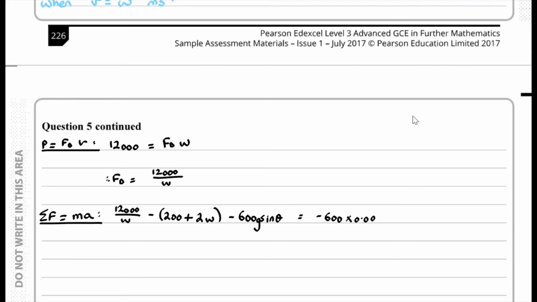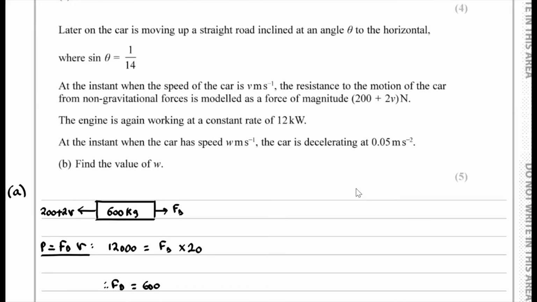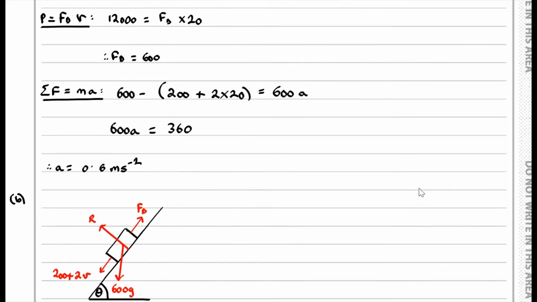And the reason we have a minus over here is because if you go back to the question, it's decelerating.